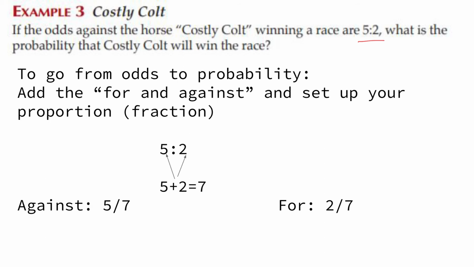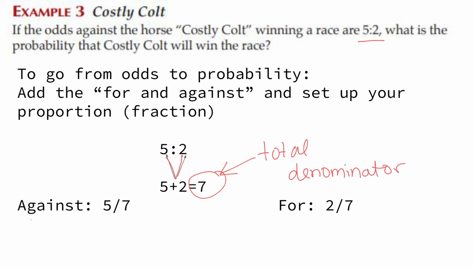So to go from odds to probability, you want to add them together, and that gives you your total. So if I have a 5 to 2 odds, then that means the total, 5 plus 2, is 7. So this number represents your total, which is always going to be your denominator when you convert it back to a probability.